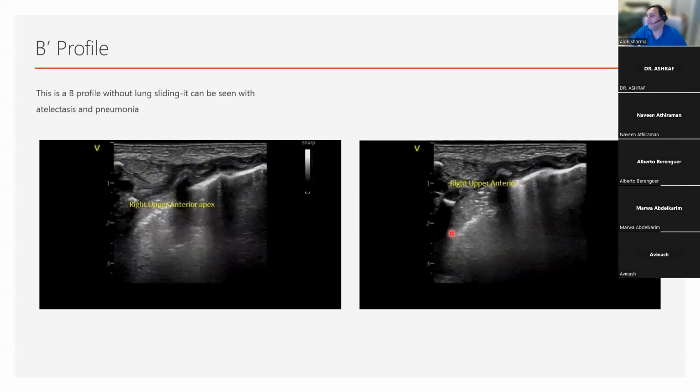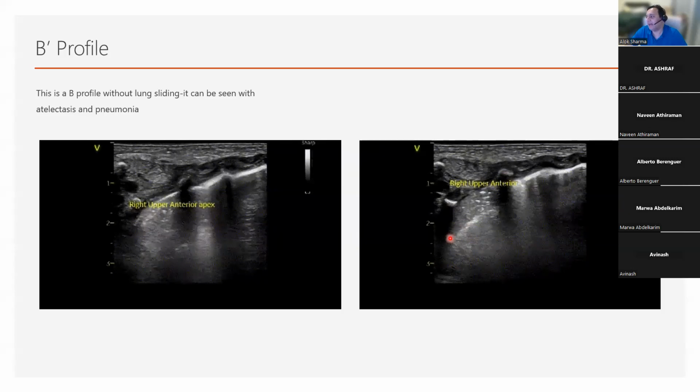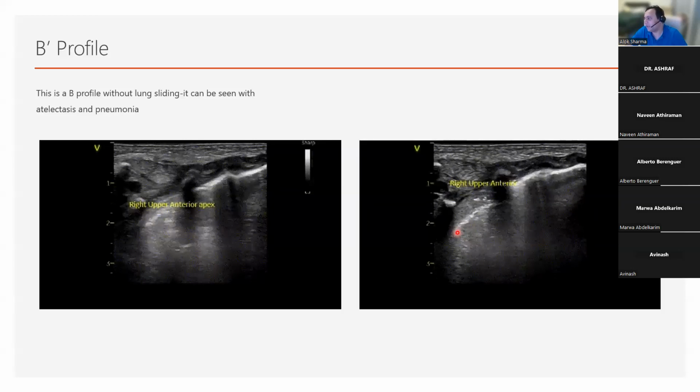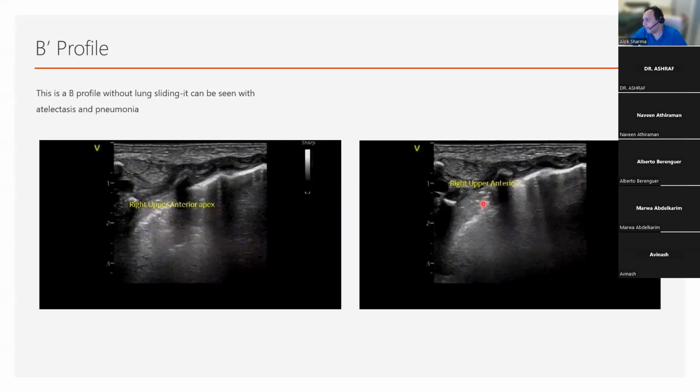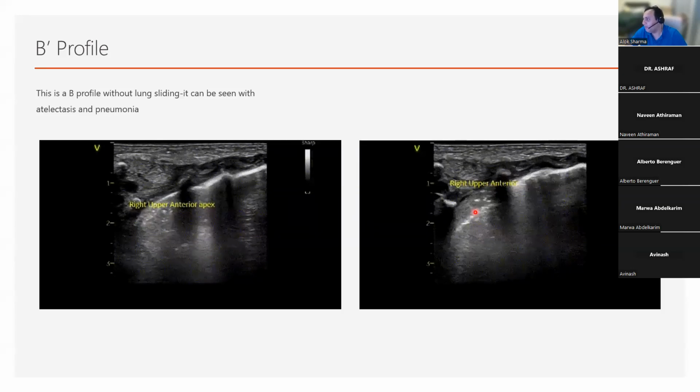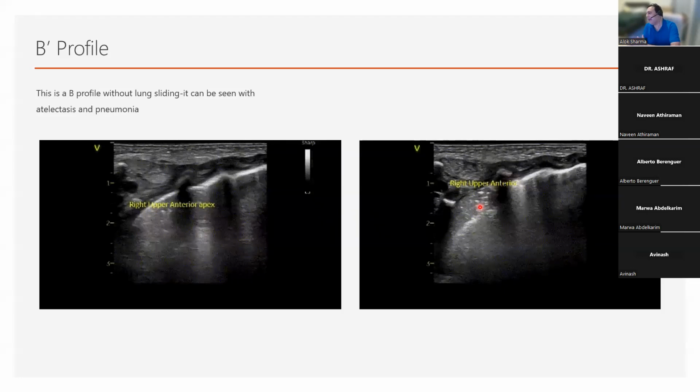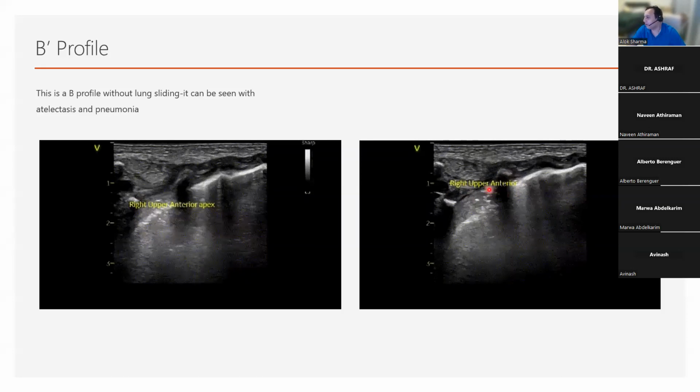No. We've pulled the tube back and I have been doing serial ultrasound. This is consolidation. This is atelectasis, no pleural line, static air bronchogram, trapped air, no air reaching the pleural margin. Because there's no air actually inflating that area of the lung, you can't see pleura at all.